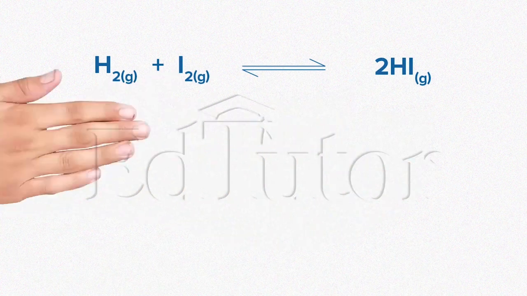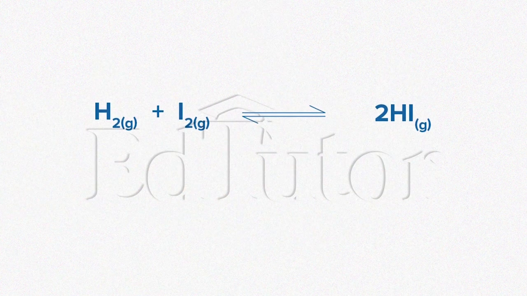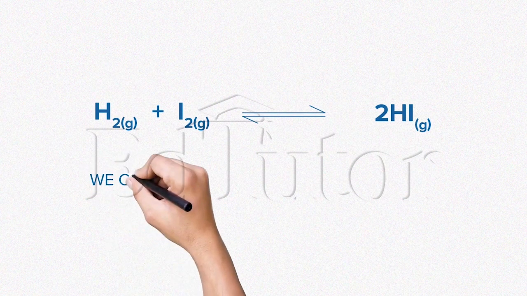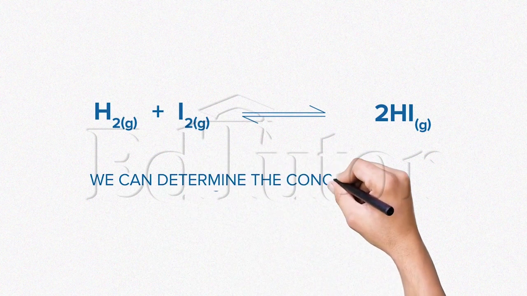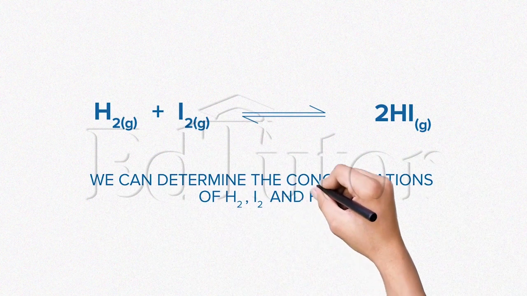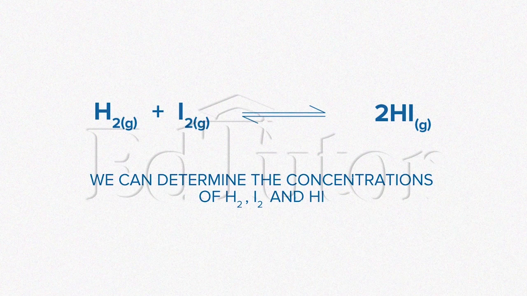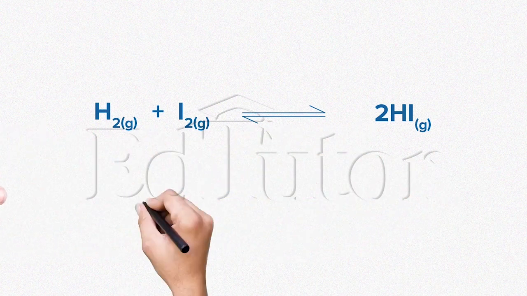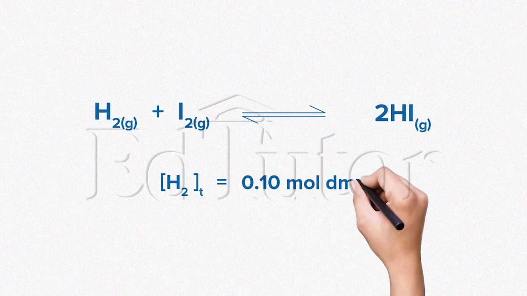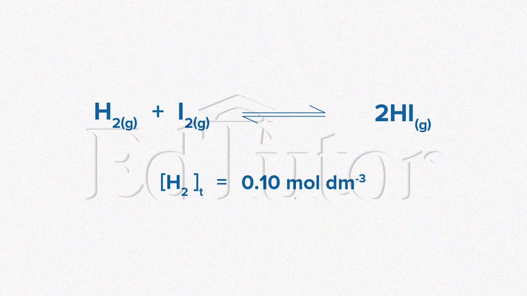If we withdraw the samples from the reaction at any particular time, we can determine the concentrations of hydrogen, iodine and hydrogen iodide. Let's assume the concentrations of the mixture's components as shown. As you can see, the concentration of hydrogen is 0.1 mole per decimeter cube.